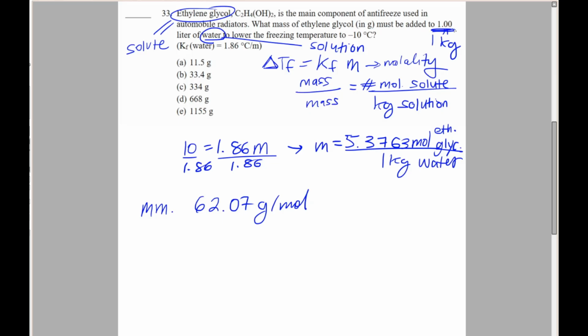We're also told that it's 1 liter of water, so we can kind of just get rid of this, or I guess we can do it in a dimensional analysis type of way, but 1 liter is equivalent to 1 kilogram.